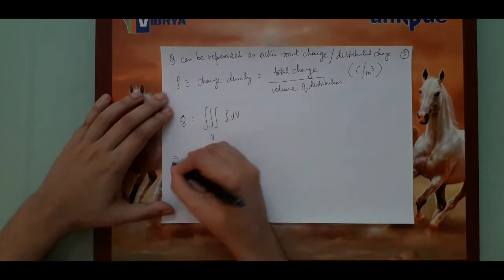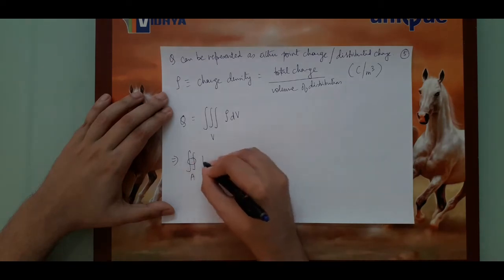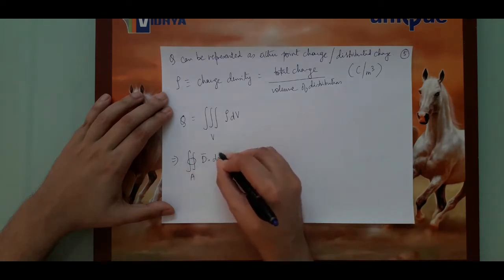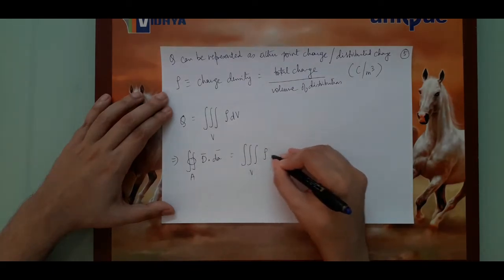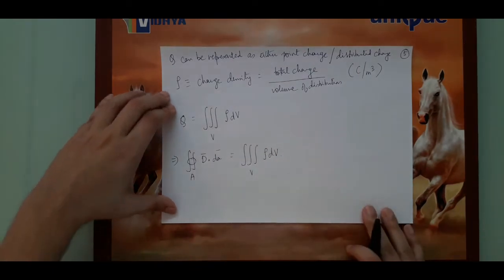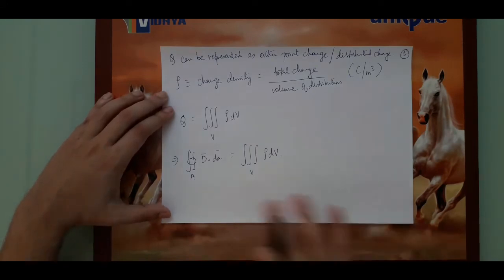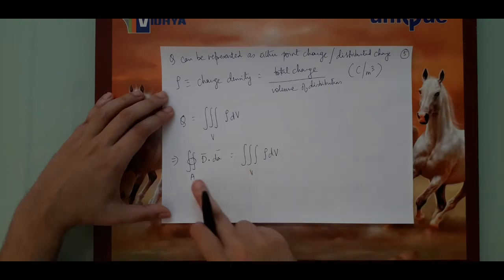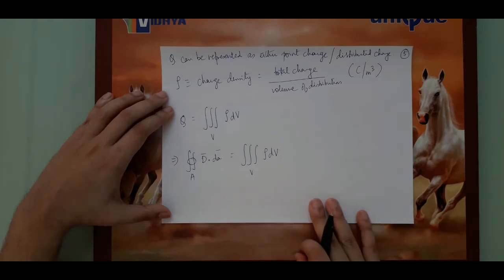So therefore Gauss's law becomes something like this. So again, we are correlating a double integral with a triple integral, and that in some sense indicates the use of the divergence theorem.